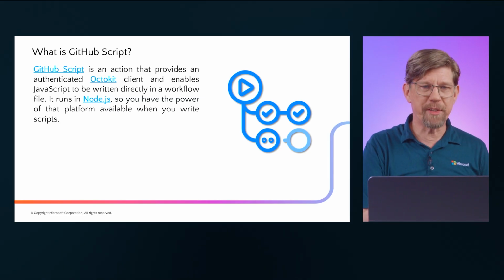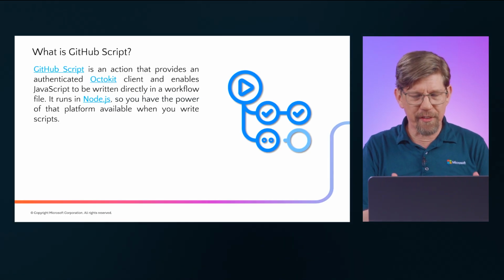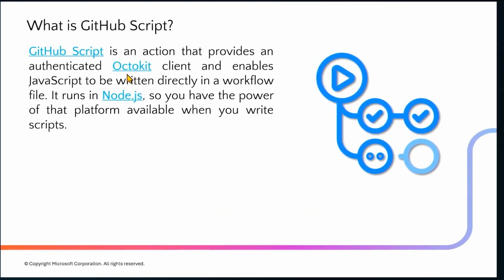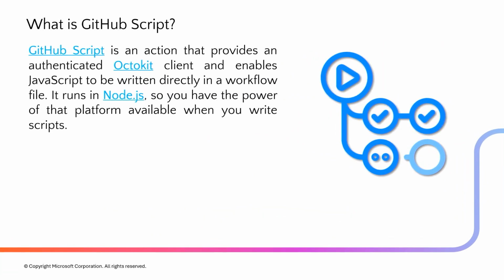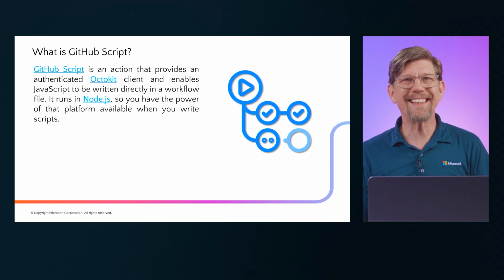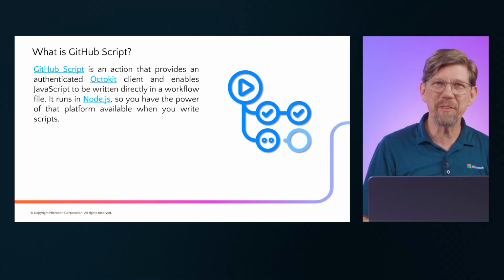So the GitHub team built a library called Octokit. Octokit is a thin layer that sits above that REST interface. So now you could use Octokit to make those invocations. Octokit itself wasn't incredibly easy to use.